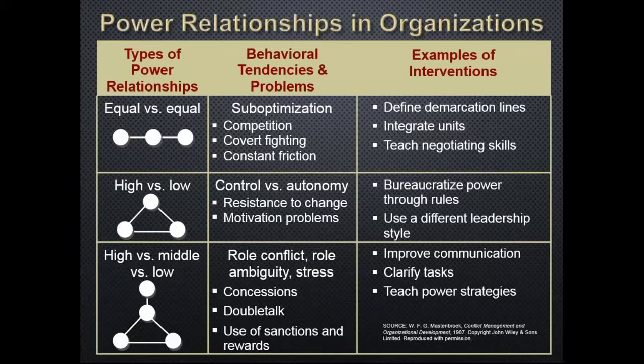Now, we have three basic types, which is the equal versus equal. Then we'll also look at the behavioral tendency, like you can see on the screen, and begin to talk about some examples. In the last class I used an orthogonal kind of relationship in addressing this, that we have between the higher level and the lower level.